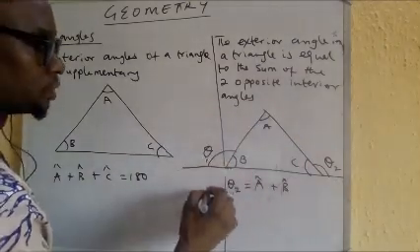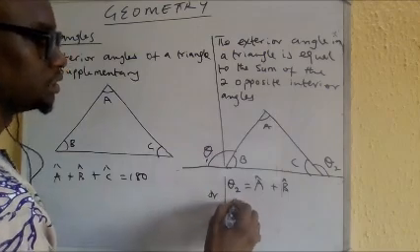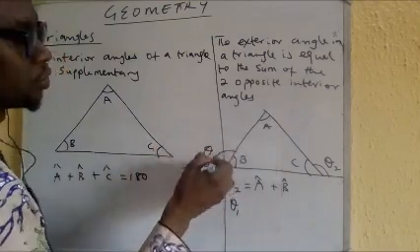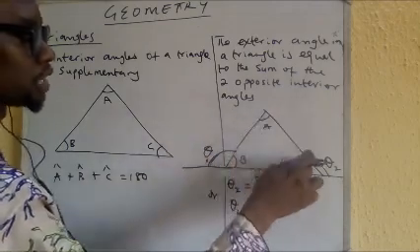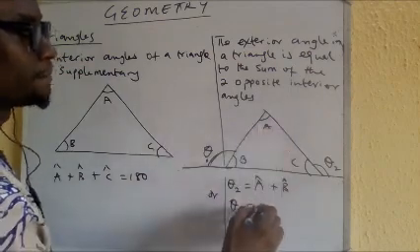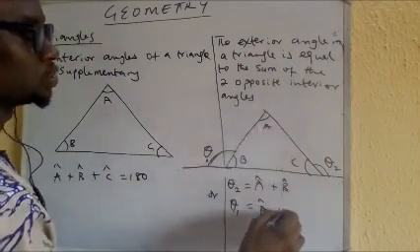Or I can say theta 1, we are looking at this theta 1 now. Theta 1 is equal to angle A plus angle C. Both of them are the interior angles that are opposite to theta 1.